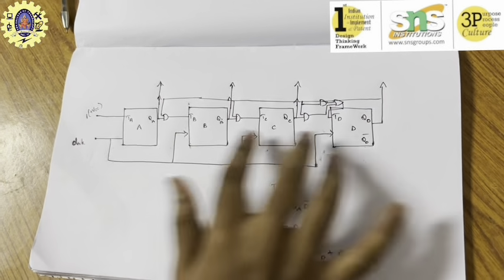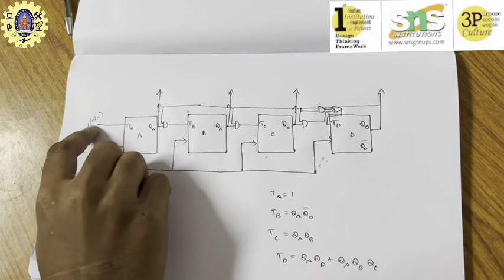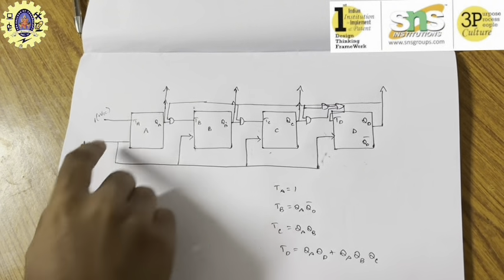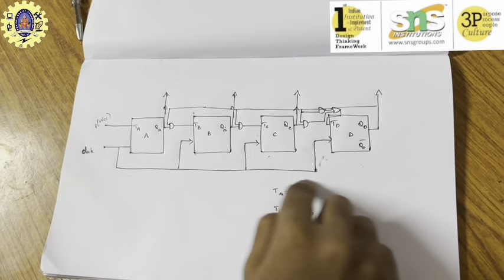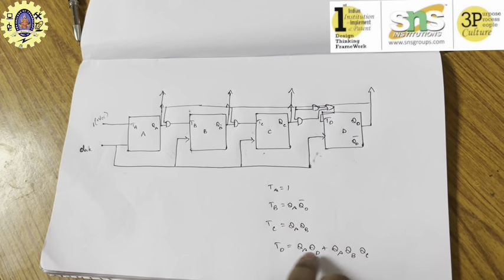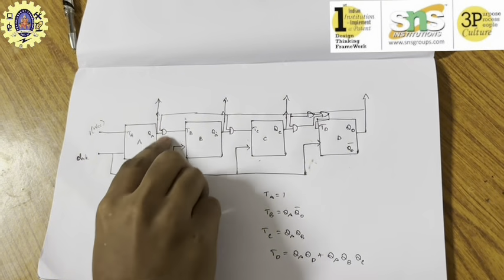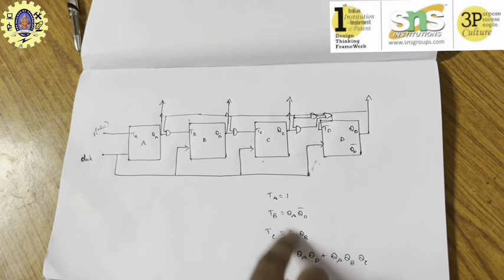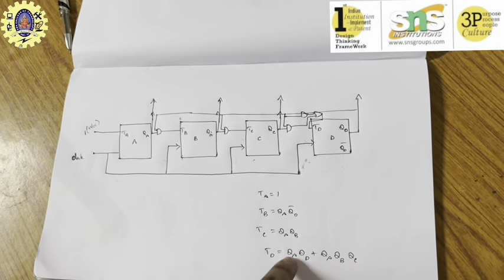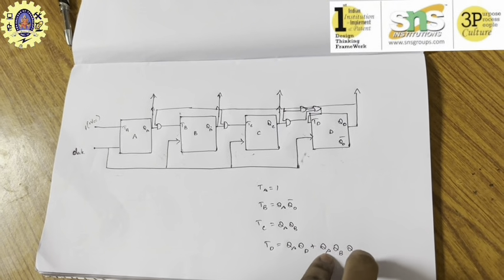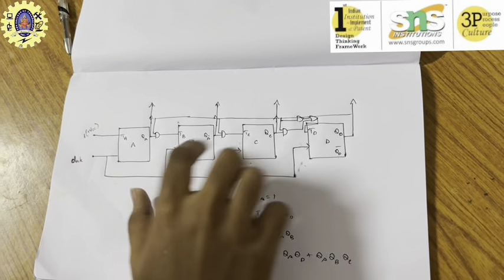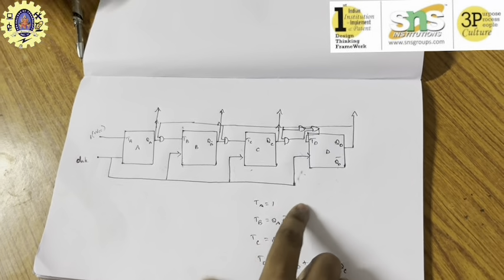We draw 4 similar flip-flop blocks, one input is given to TA and the clock pulse is passed to all the others. For TD, QA and QB are joined with an AND gate, and similarly all of them are connected by AND gates, and finally they are connected with an OR gate, and the logic circuit is derived.